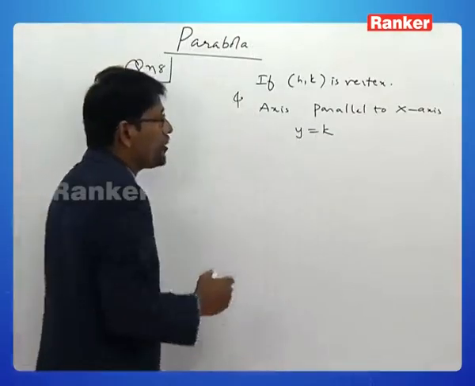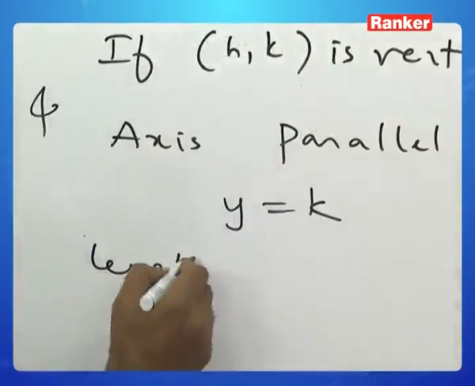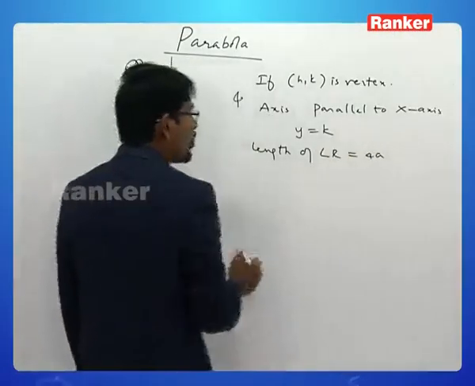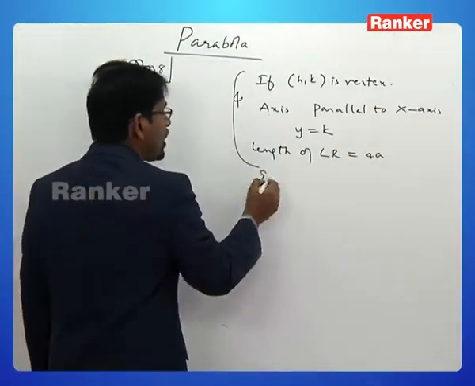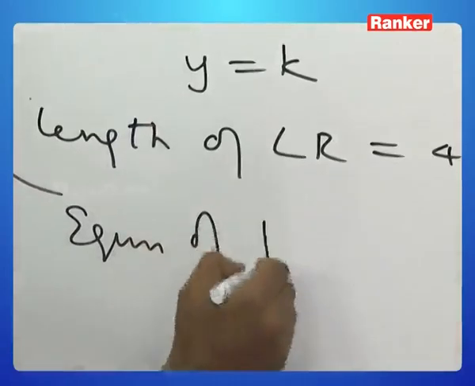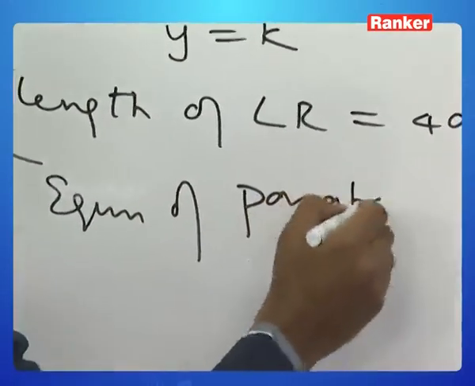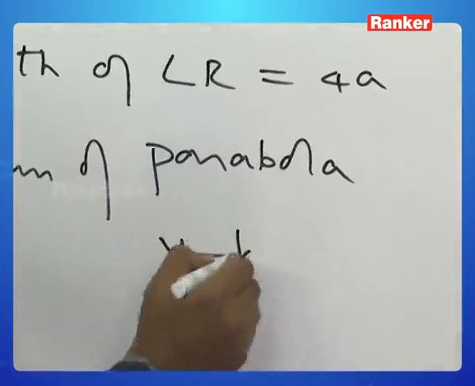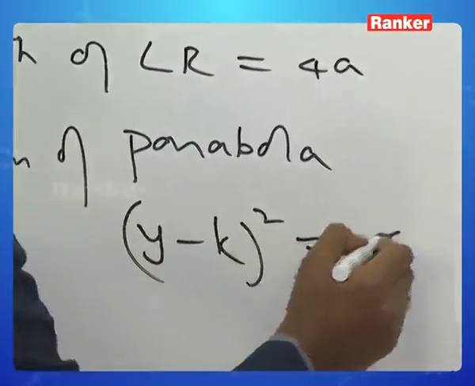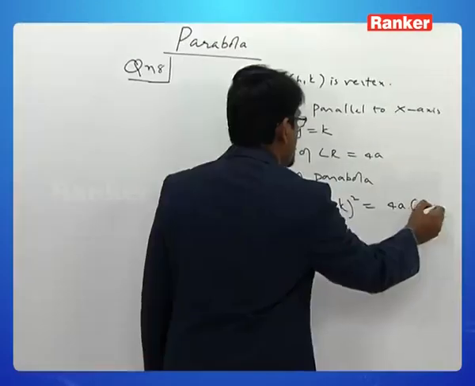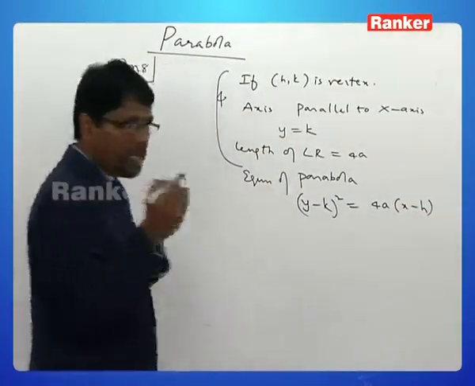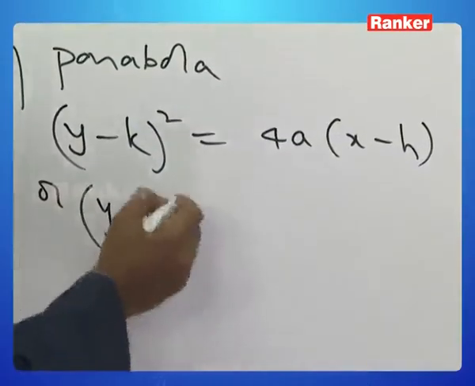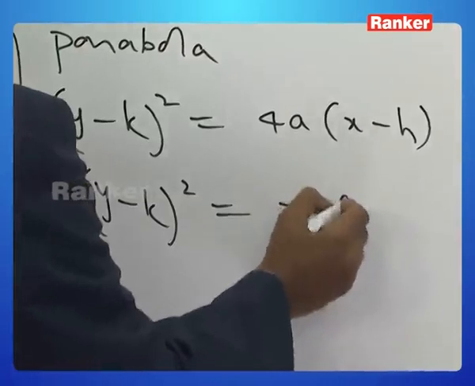And if this is happening, and the length of the latus rectum is suppose 4a, then the equation of the parabola with this information can be written as y minus k the whole square is equal to 4a into x minus h if it is opening to the right of h comma k, or y minus k whole square is equal to minus 4a into x minus h.